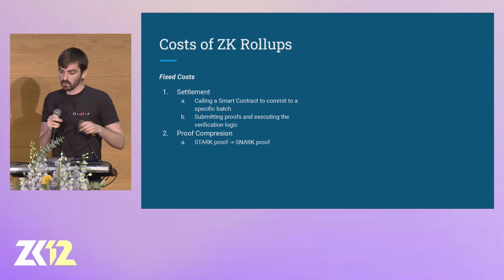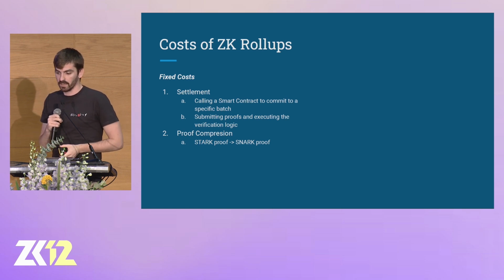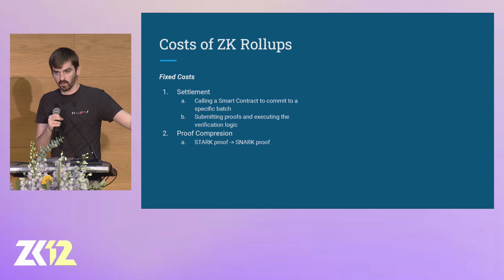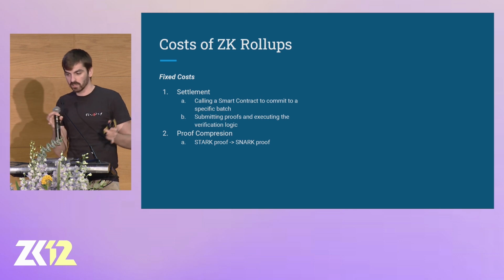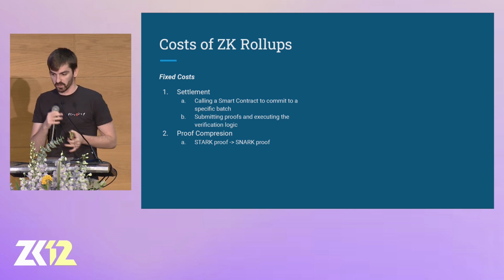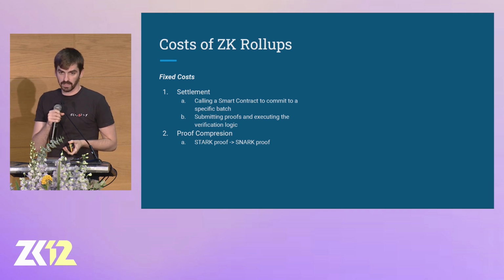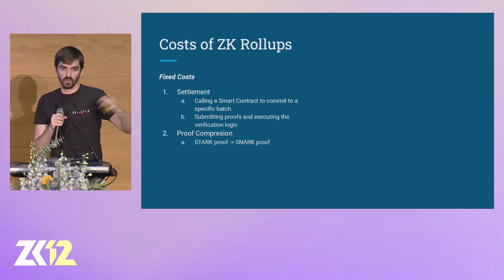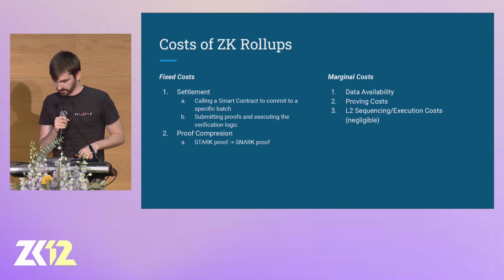Secondly is submitting the proof and executing the verification logic in an L1 contract. Another fixed cost is the proof compression, or proof transformation, which is going from a Stark proof to a Snark proof. That's also fixed independently of the size or the type of transactions in the batch.